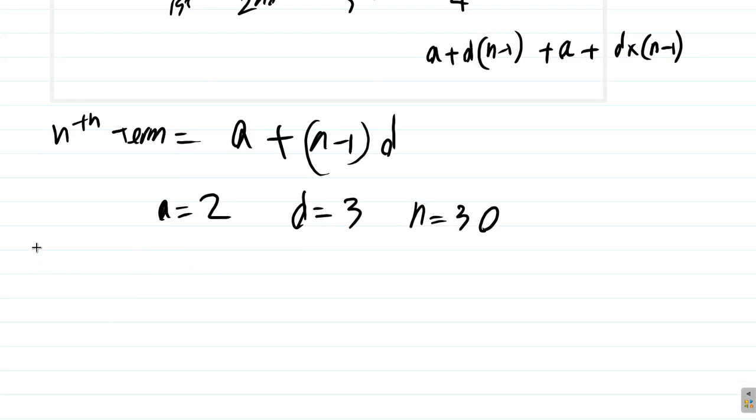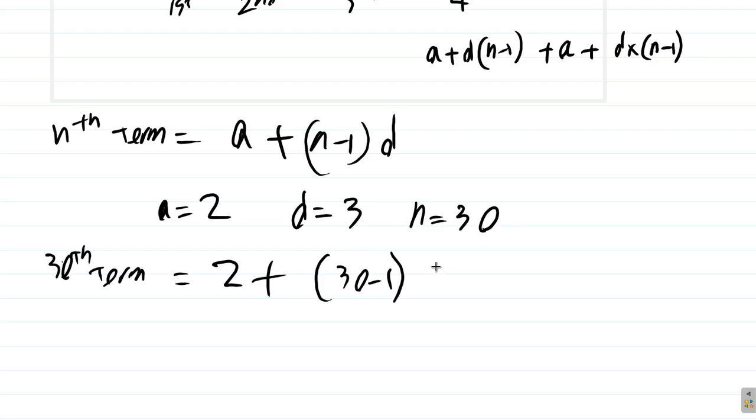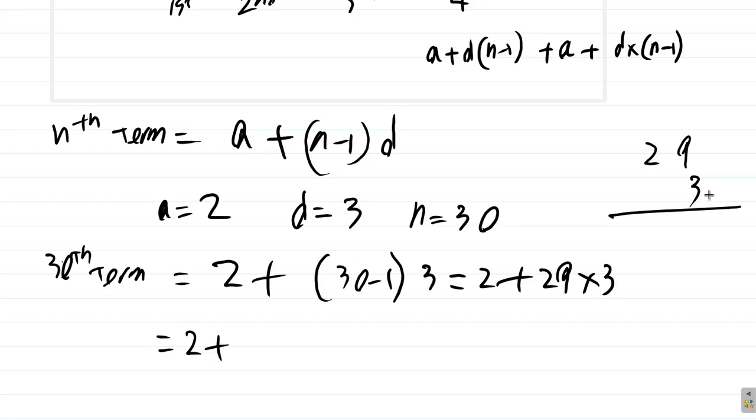The 30th term is equal to a, which is 2, plus n minus 1, that's 30 minus 1, times d, which is 3. So this is 2 plus 29 times 3. What is 29 by 3? Let's work it out over here. 3 9 is 27. Bring down the 7. Carry 2. 3, 2, 6, 7, 8.